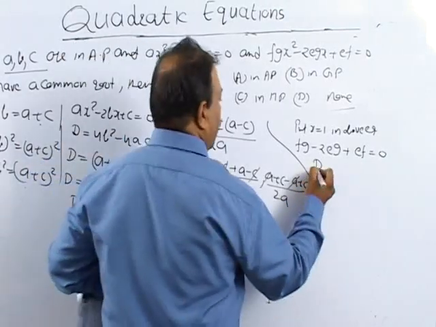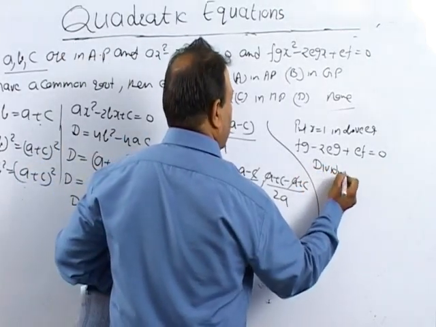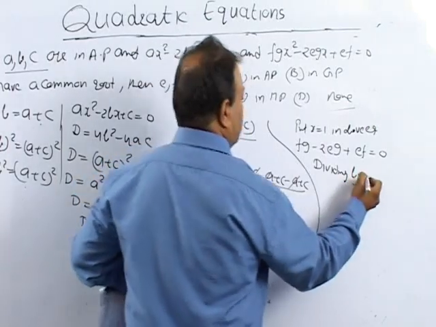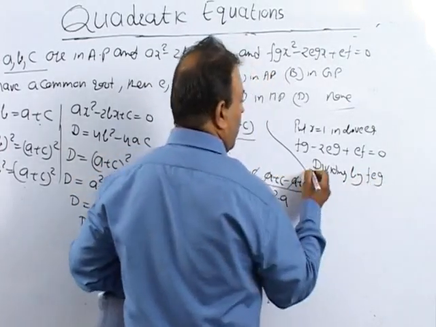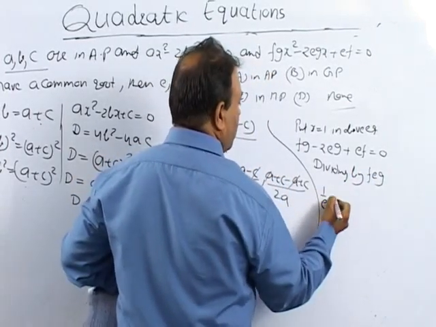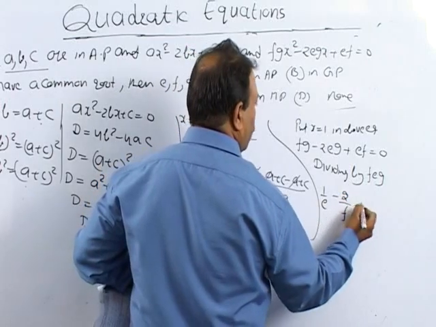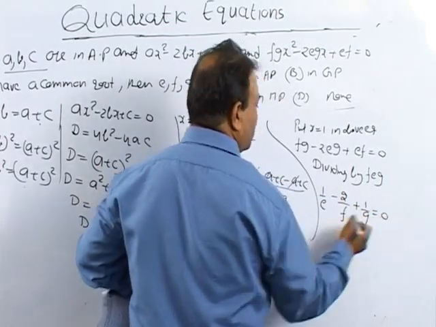Now dividing by EFG, we get 1 upon E minus 2 upon F plus 1 upon G is equal to 0.